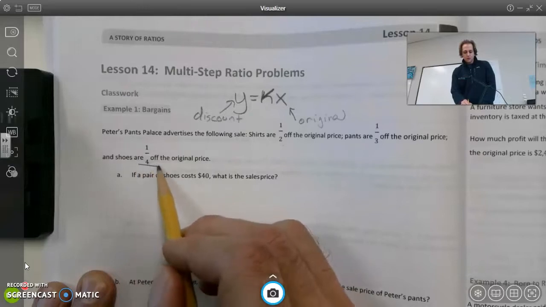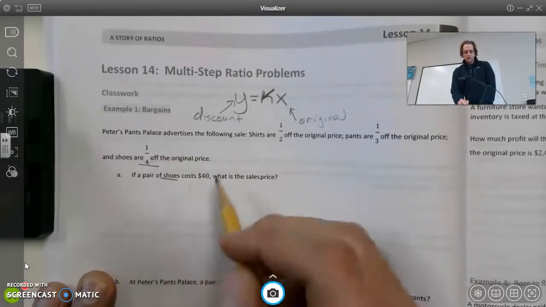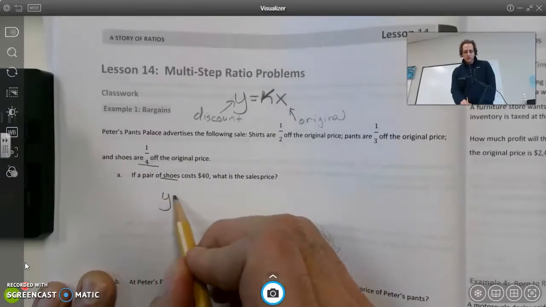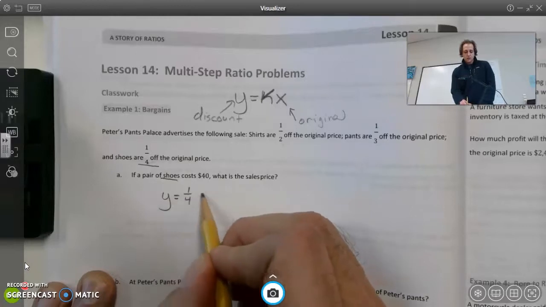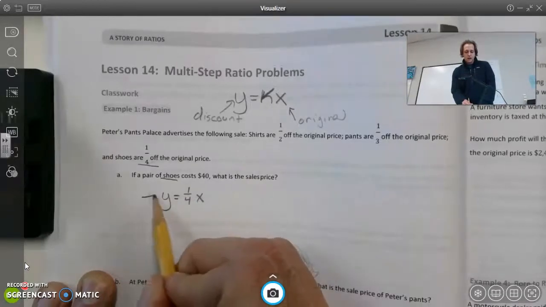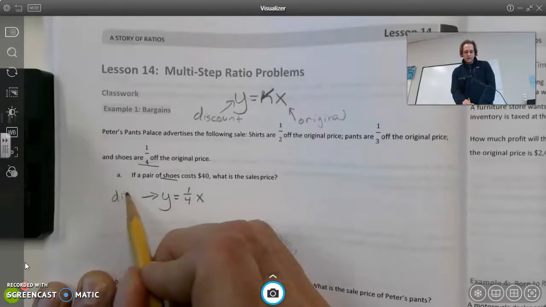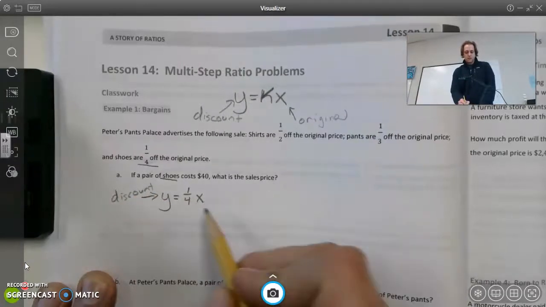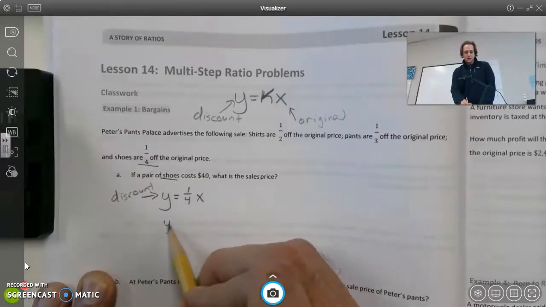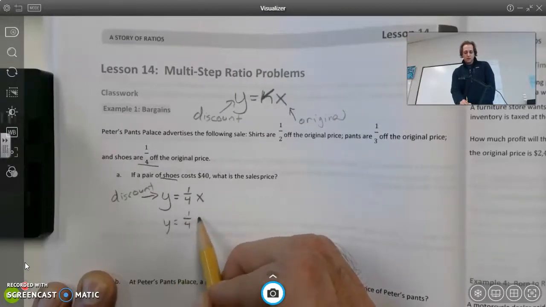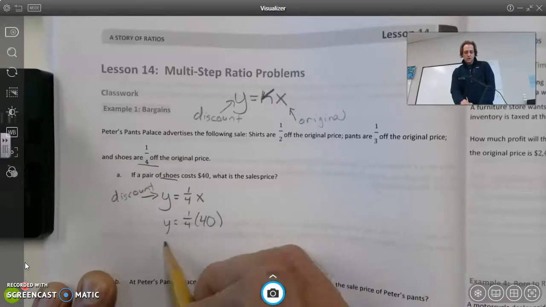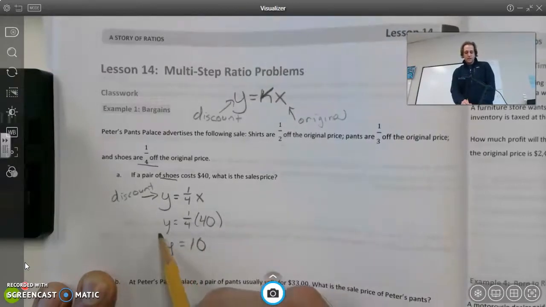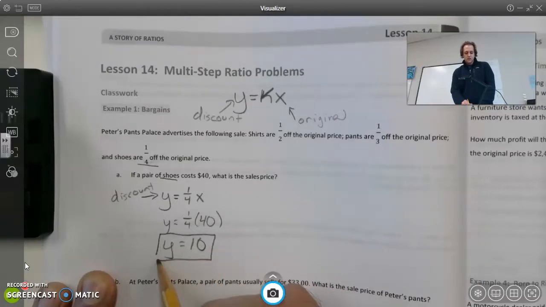Shoes are 1/4 off the original price. We're talking about shoes. So my relationship here is y is equal to 1/4 of x, where y is my discount and x is my original price. Okay, so y equals 1/4 of 40, and that means y is equal to 10. Now, is this my answer?